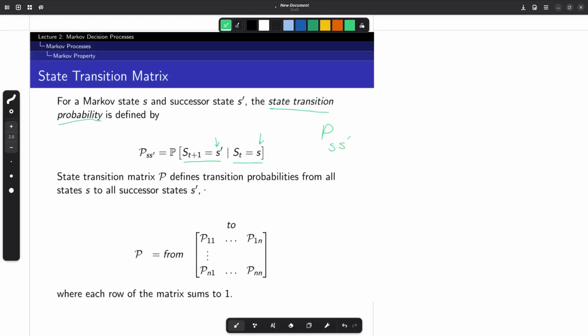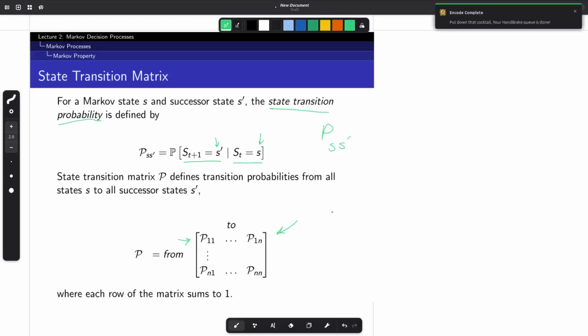So it defines for you the probability of going from one state to another state, and it can be depicted as a matrix, where in each row of the matrix you define all of the probabilities of going from one state to all of the other states.